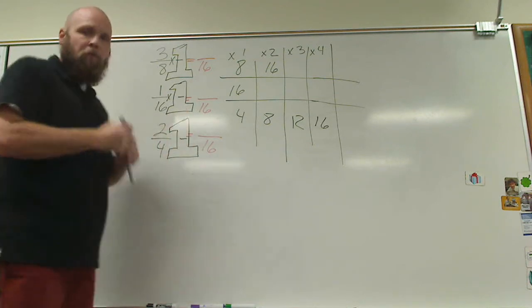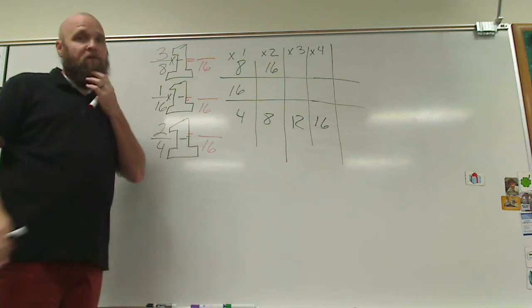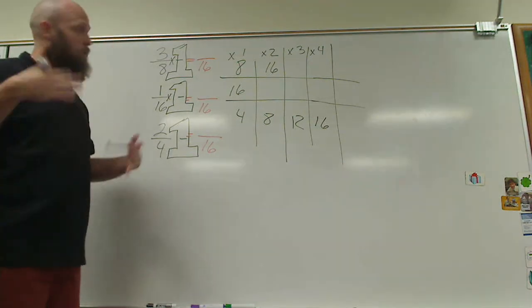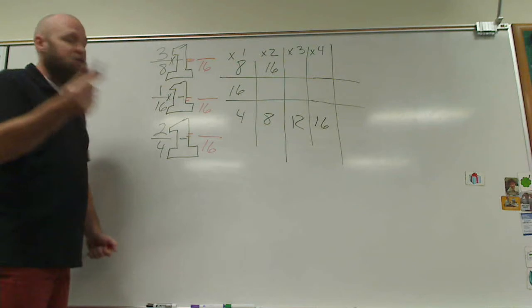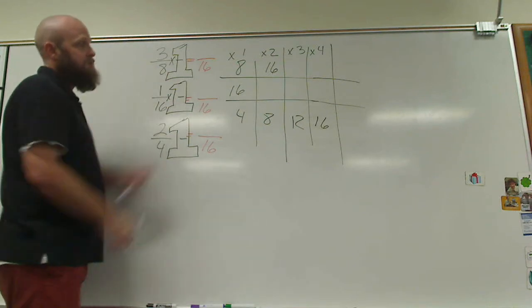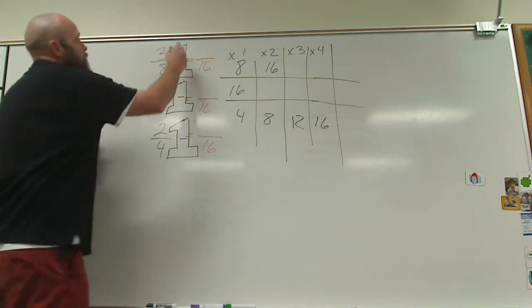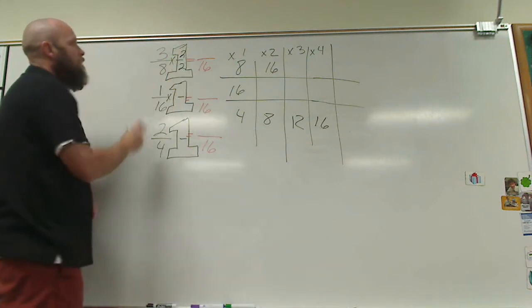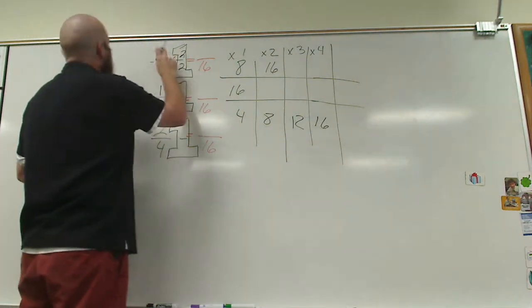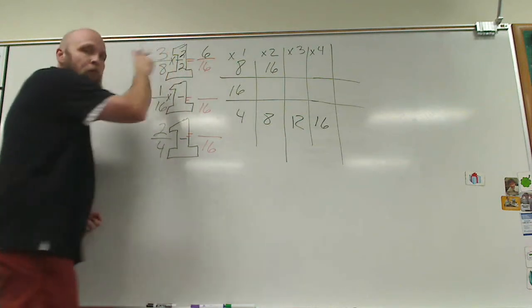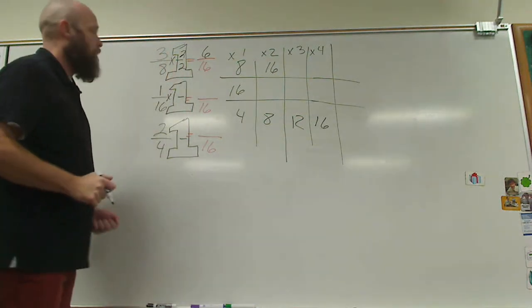And as long as we're multiplying by a fraction that equals 1, we're not changing the value. Again, we're changing how it's written. We're not changing the value. Then I just have to go 8 times what is 16? Well, if I look over here, 8 times 2 is 16. So I multiply by 2 over 2. Multiply straight across, 3 times 2 is 6. So 3/8 and 6/16 are the same value.